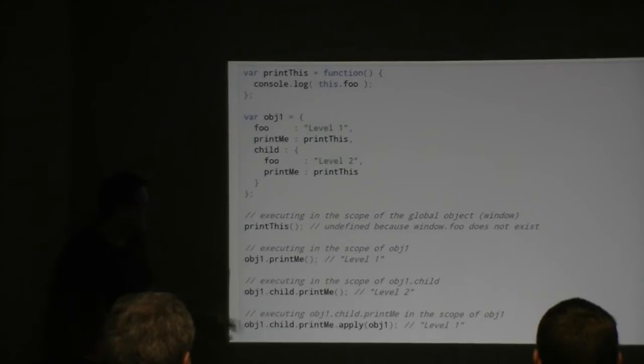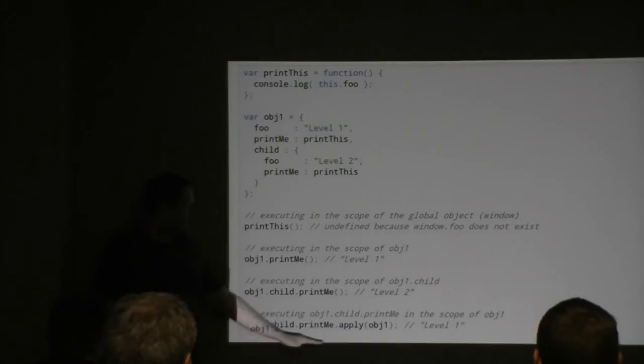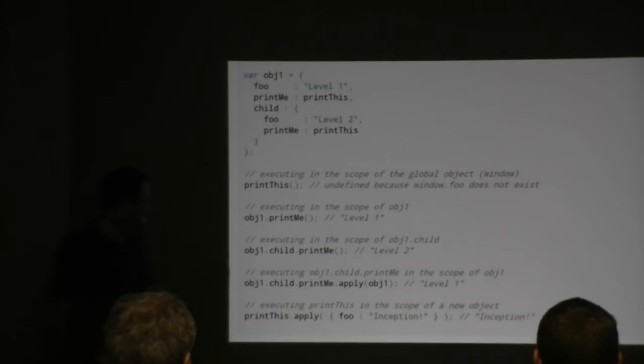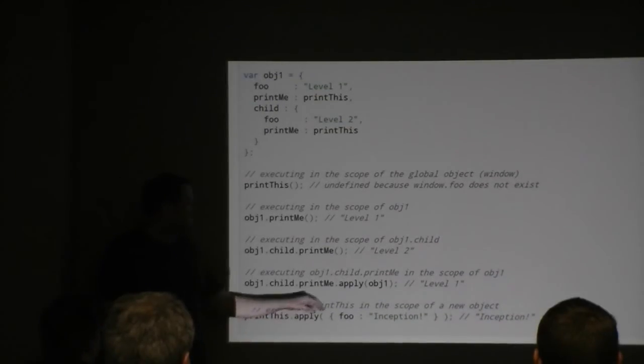Okay? Now, remember I said you don't always know what the context is. So here's a confusing example: the apply method. Remember, functions are objects, and so objects can have methods and properties, just like any other object.